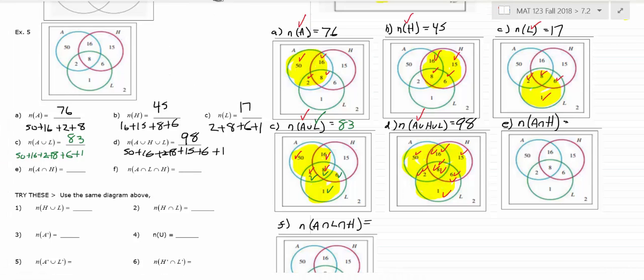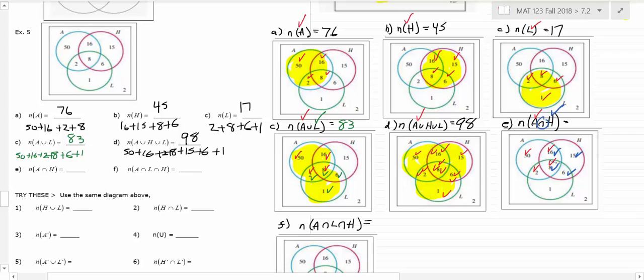The next one is intersection. So you can do check marks on this if you want to, or you can just do shading. A would be the 50, 16, 2, and 8. I'll do blue for H. H would be 16, 15, 6, and 8. This is intersection, so it's where did both things color.